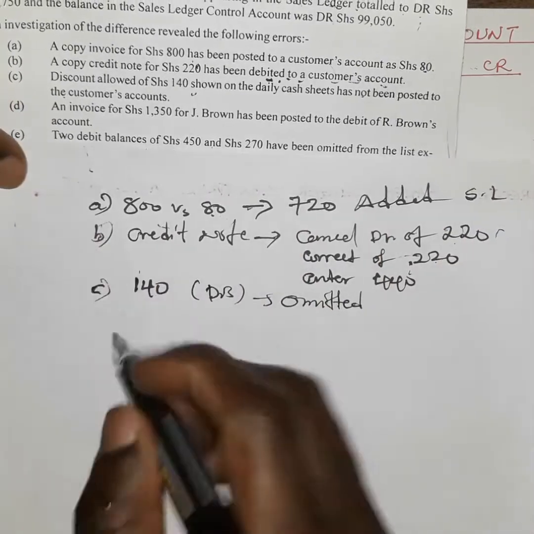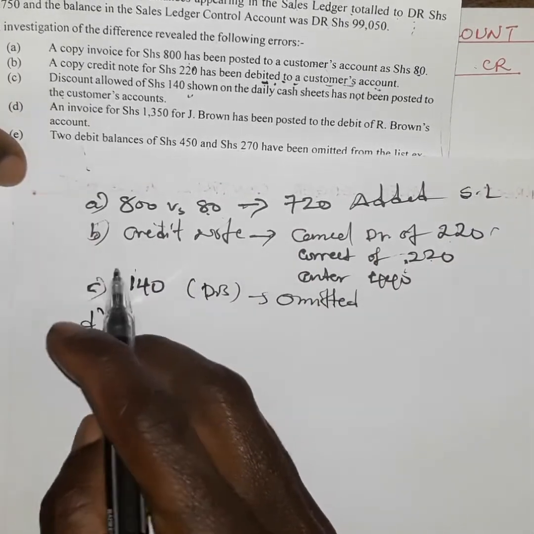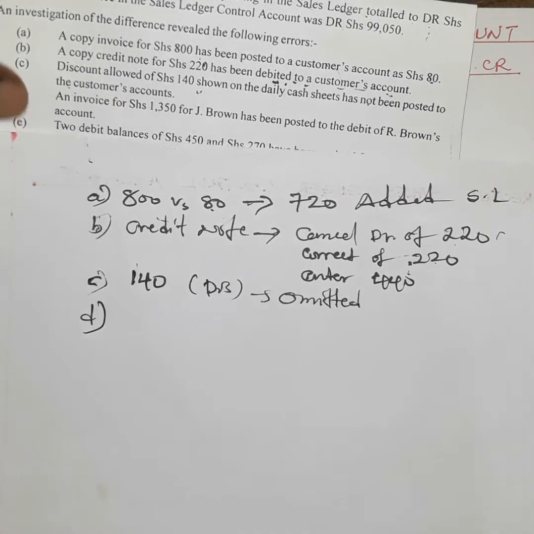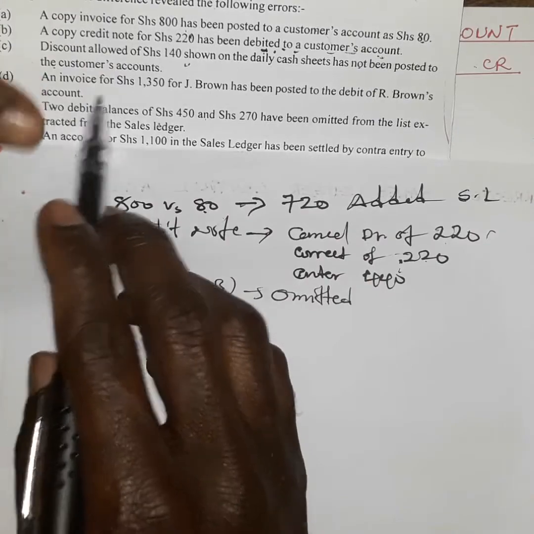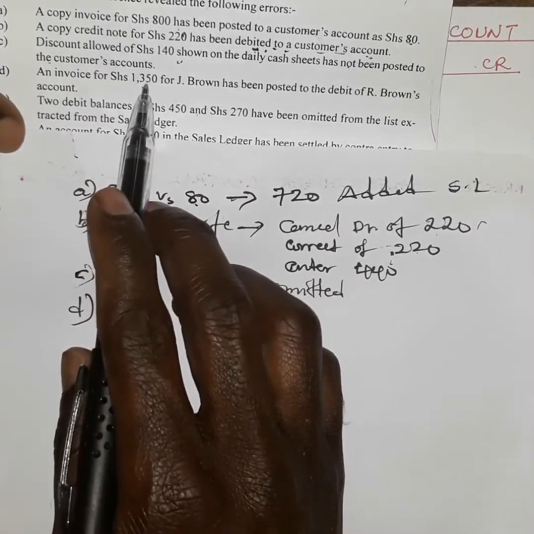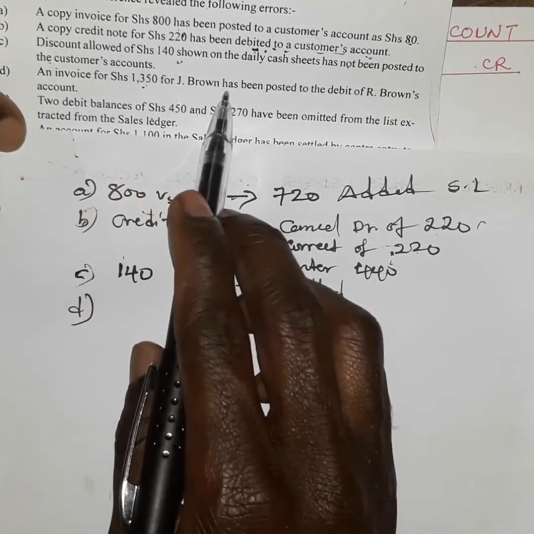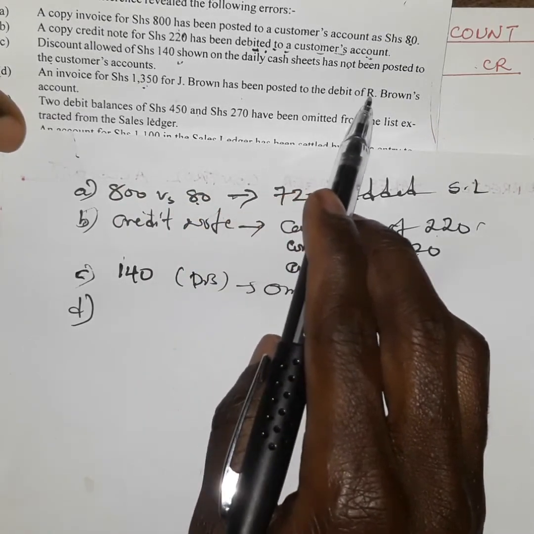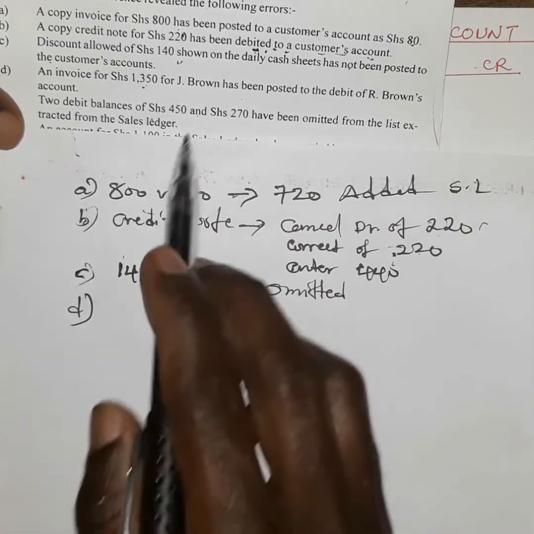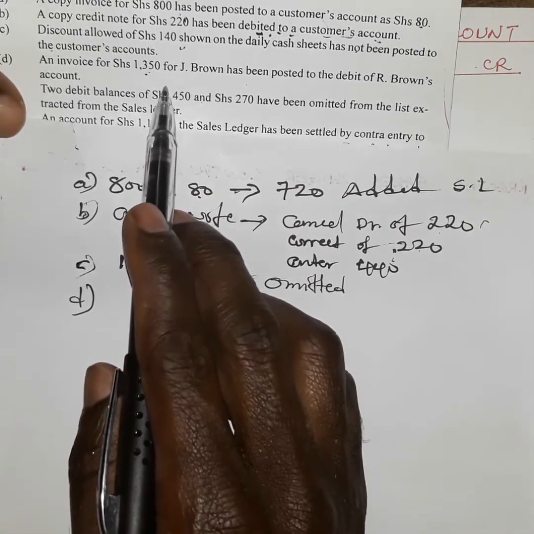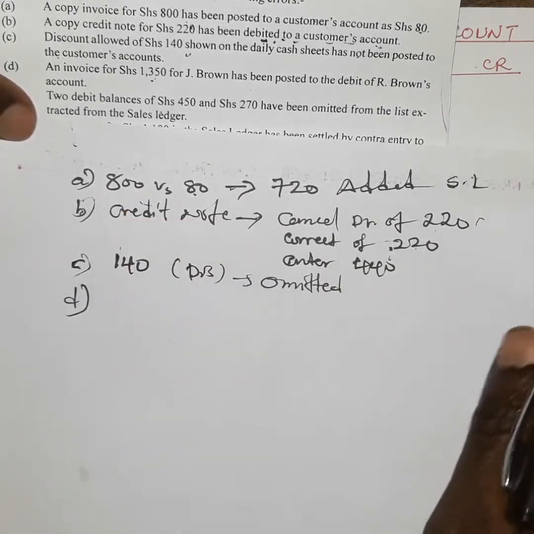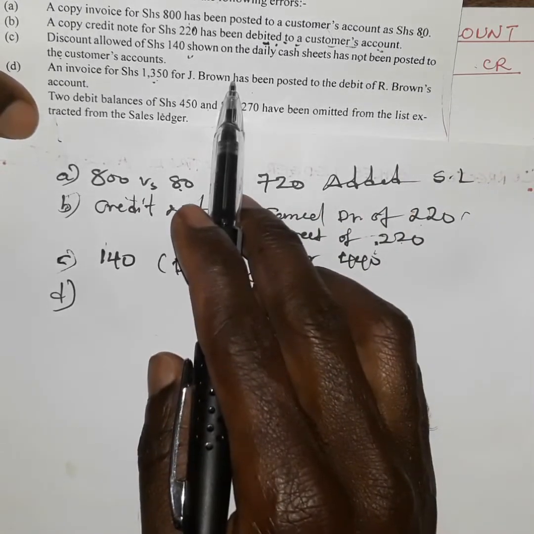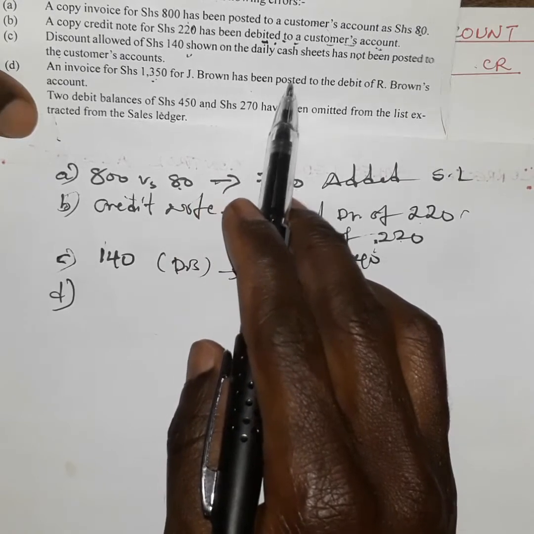Then we go to D. If you talk about D, we are referring to an invoice for 1,350 for J. Brown that has been posted to the debit of R. Brown's account. Now, this is a type of entry which involves an error of posting to a wrong personal account.